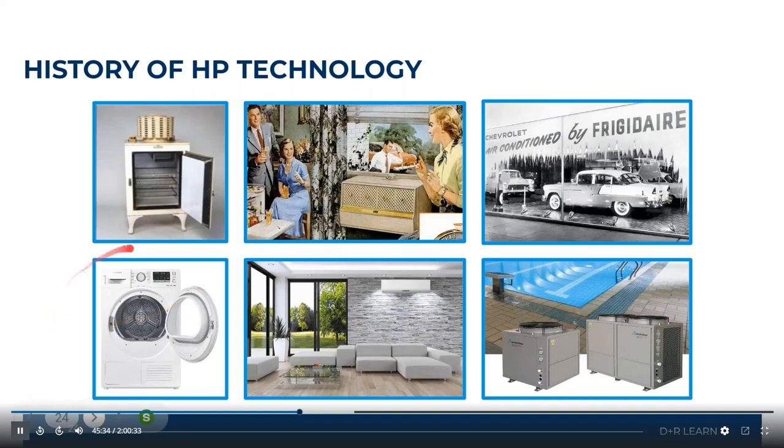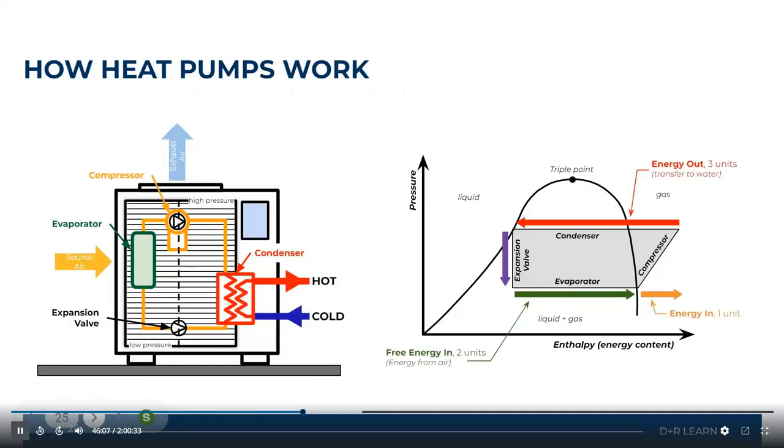As technology got better, we started incorporating heat pump technology, which started using safer refrigerants and gave our appliances the ability to use less energy. Therefore, you'll find them in your day-to-day appliances, such as dryers, your residential heating and cooling systems, as we have spoken of earlier, and even in your water heaters for your pools, whether a commercial or residential system. Now, we're going to briefly touch on how our heat pumps work.